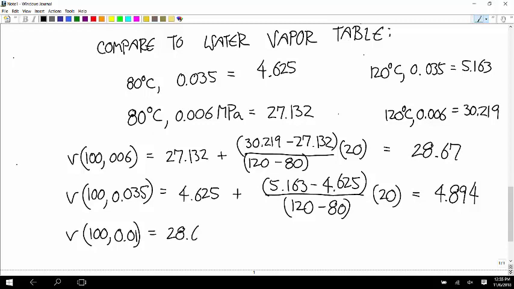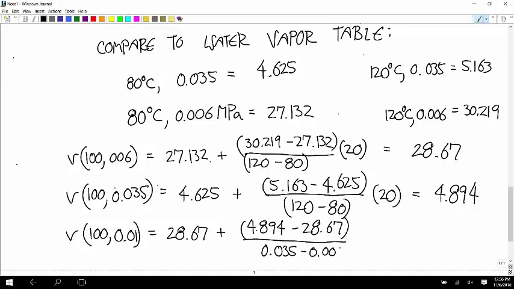And then the specific volume at 100, and we're looking for 0.01, is 28.67 plus the quantity 4.894 minus 28.67, divided by 0.035 minus 0.006, times 0.01 minus 0.006.